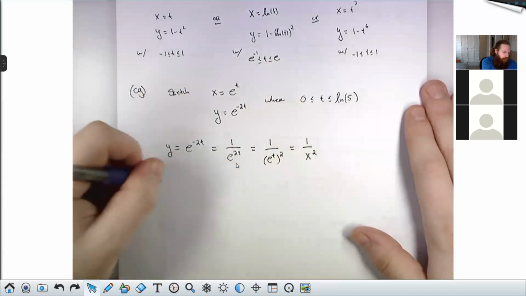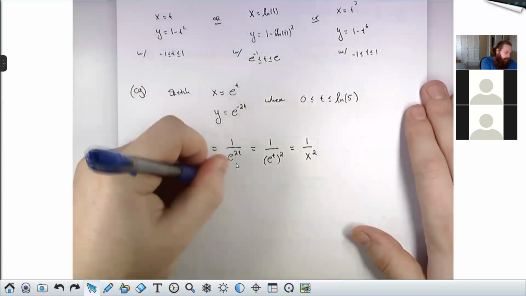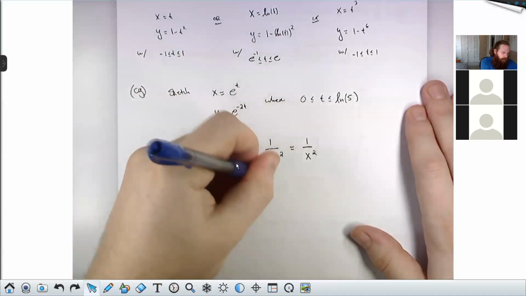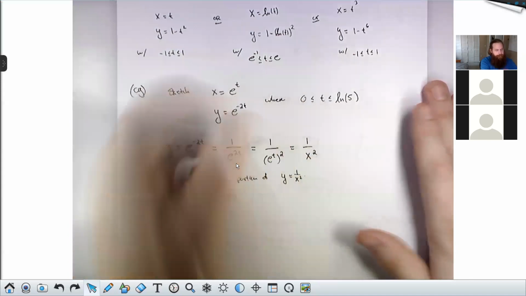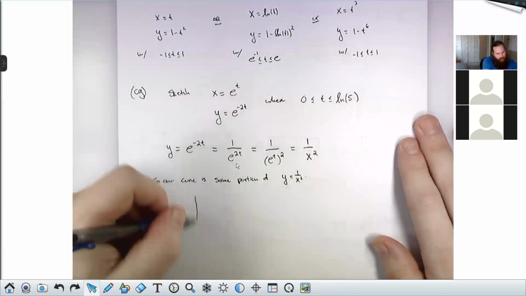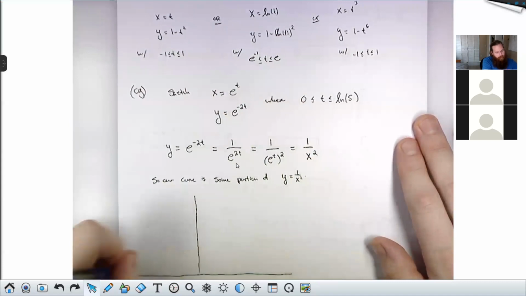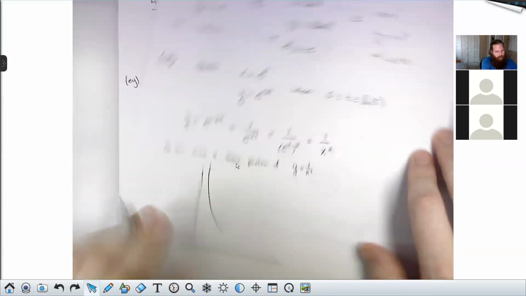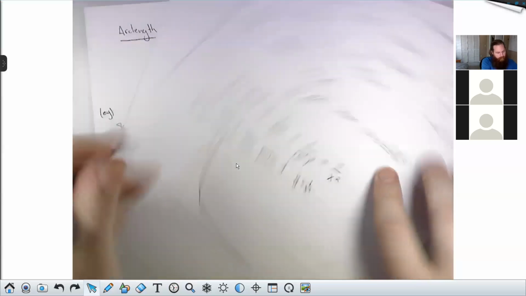So my curve is some portion of y equals 1 over x squared. I know what y equals 1 over x squared looks like. Looks like this over here.